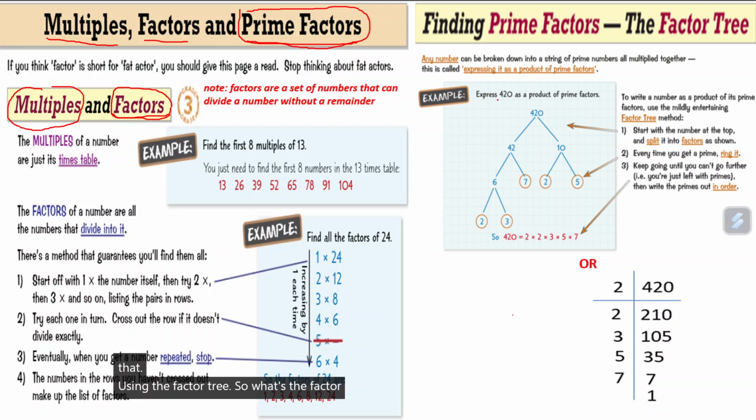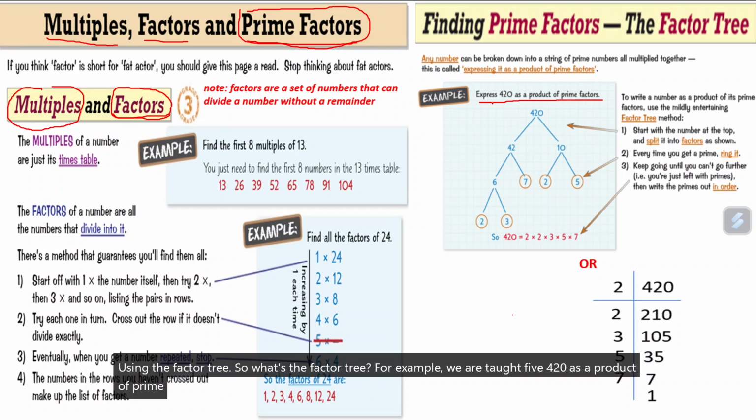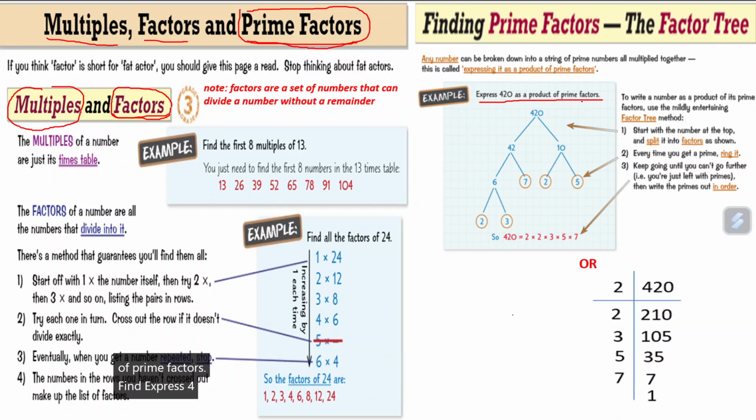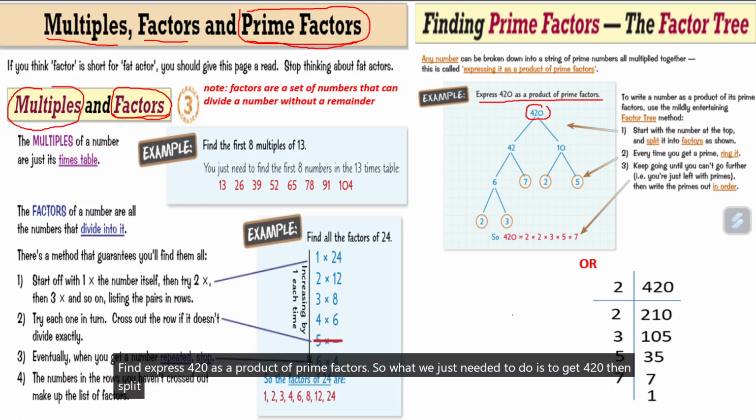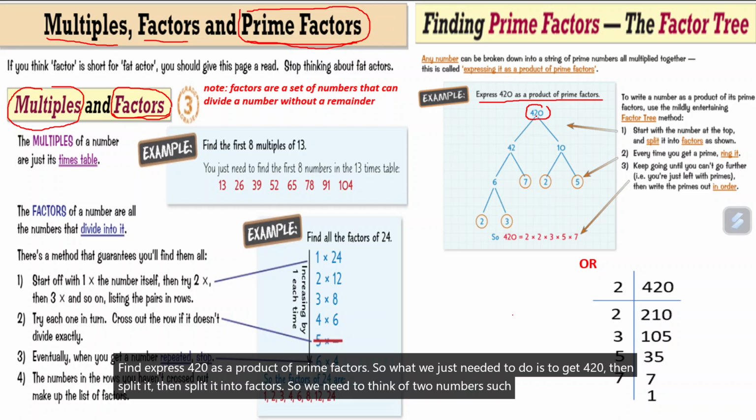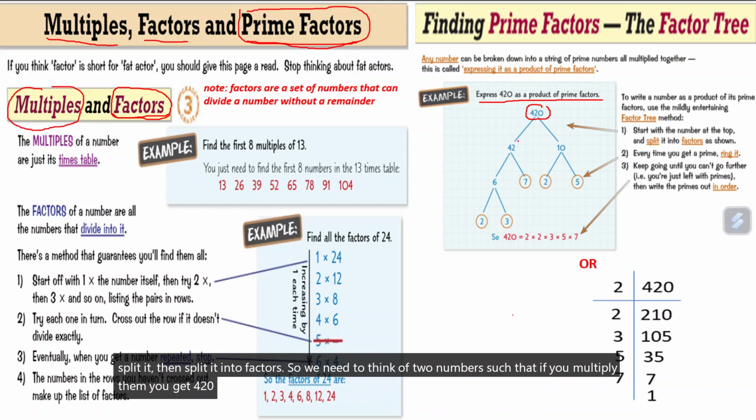For example, we are told to express 420 as a product of prime factors. So what we need to do is to get 420, then split it into factors. We need to think of two numbers such that if you multiply them, you will get 420, and at the same time they are factors of 420.